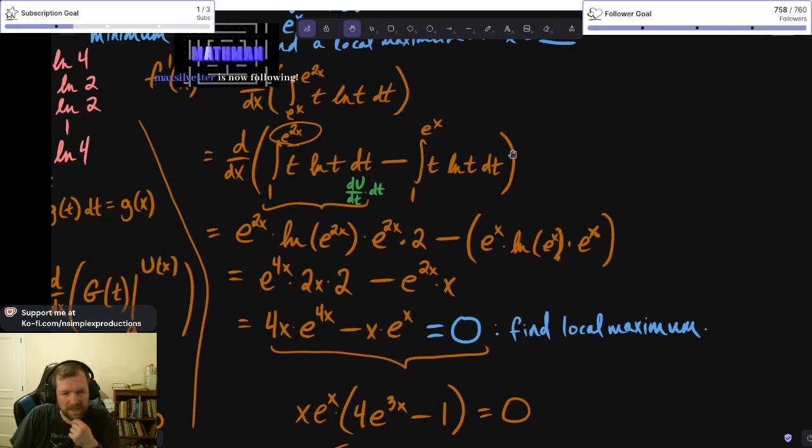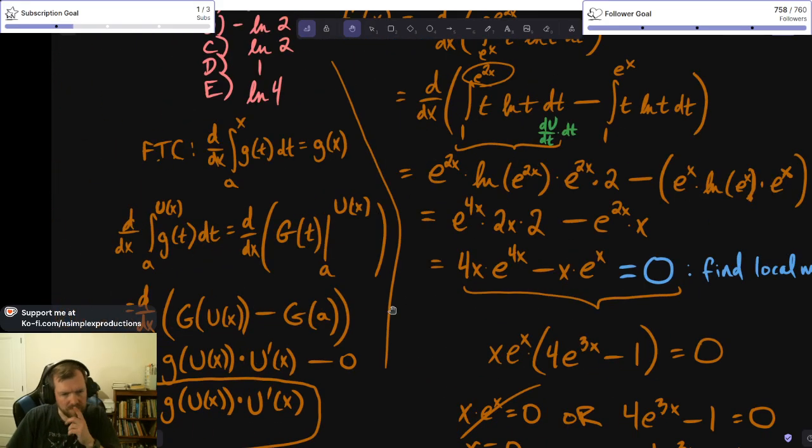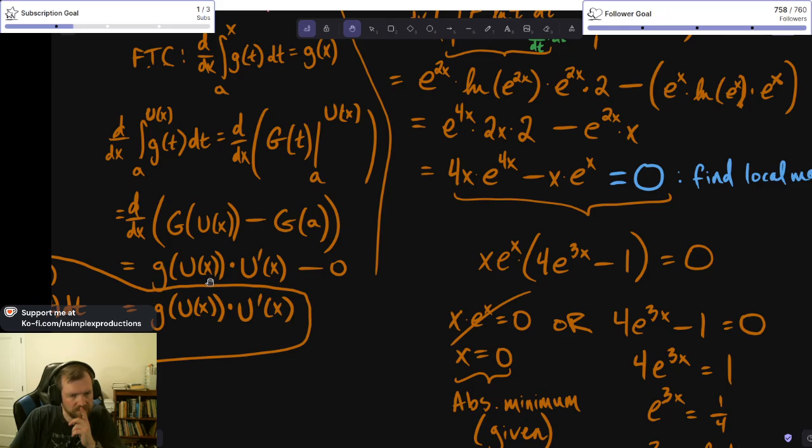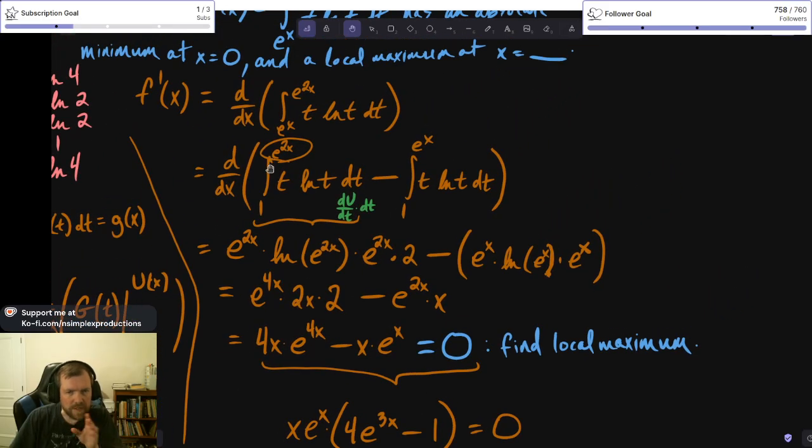Okay, so at this point, we need to figure out, right, e to the 2x, take its derivative, it's going to be e to the 2x times 2.